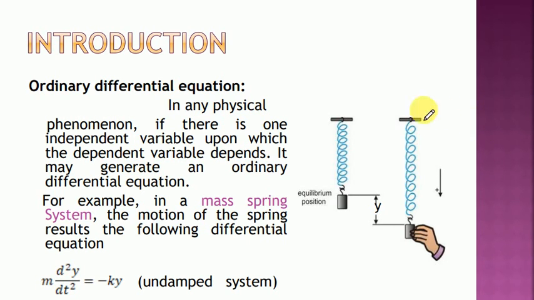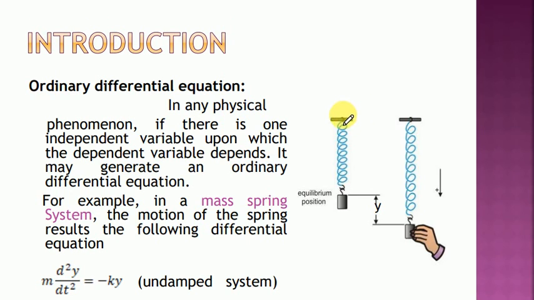As you know, if in any physical phenomena the dependent variable depends on only one independent variable, then it will result in an ordinary differential equation. For example, consider the mass spring system.